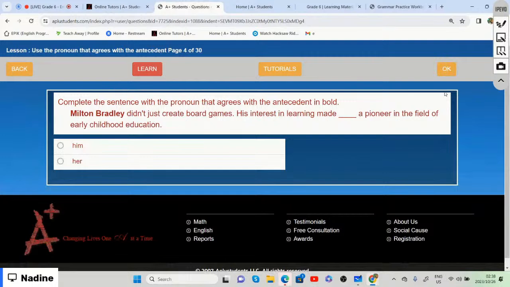Milton Bradley didn't just create board games. His interest in learning made him a pioneer, or his interest in learning made her a pioneer in the field of early childhood education. So we now need to select the correct pronoun that agrees with the antecedent in bold, which refers to Milton Bradley.